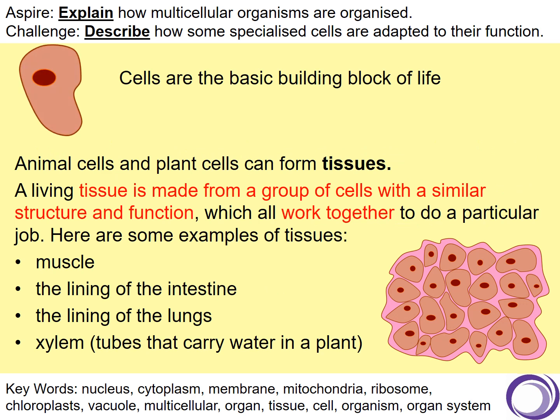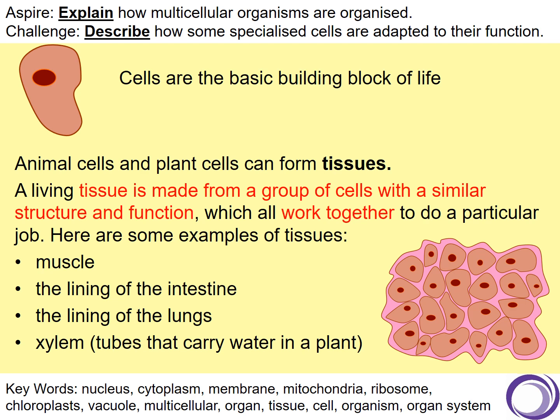So we mentioned earlier that cells are the basic building blocks of all animals and plants, and that animal cells and plant cells can make something called a tissue. Now, a living tissue is made up from a group of cells which has a similar structure and function, which all work together to do a particular job within the body.